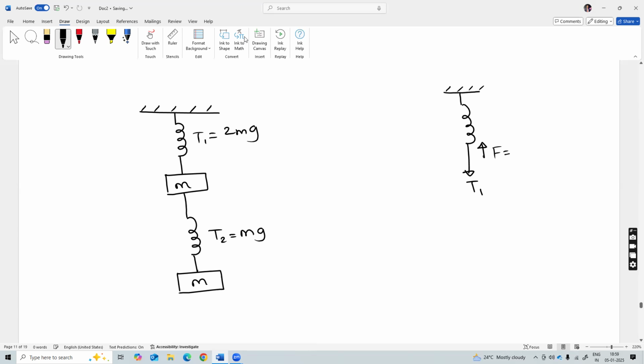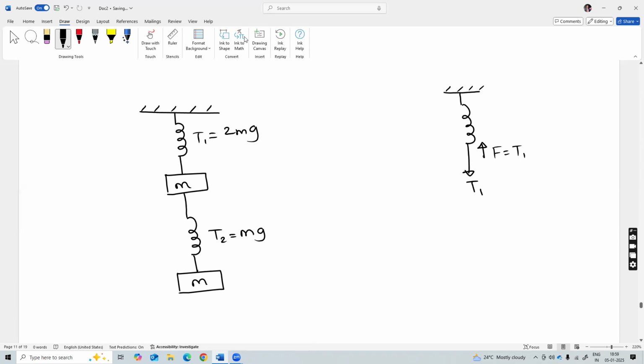So the spring will try to come to its initial position.